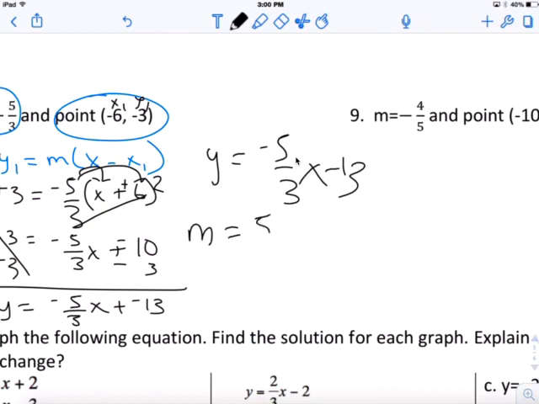Slope is negative 5 over 3, y-intercept is negative 13.